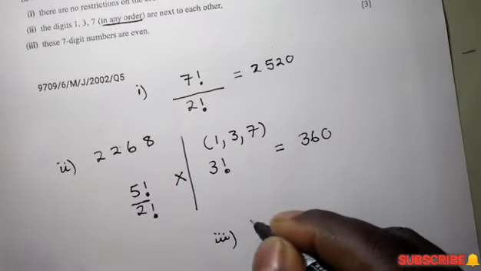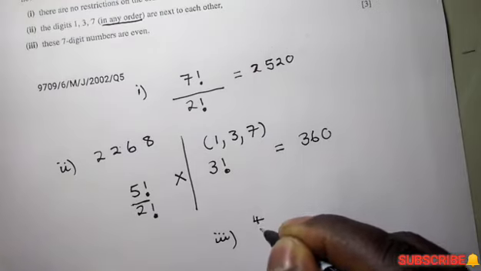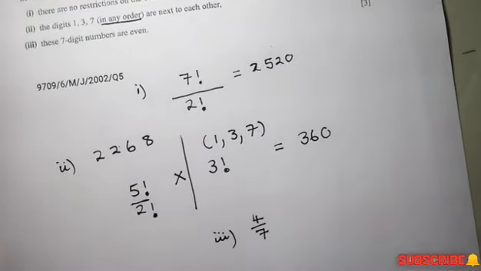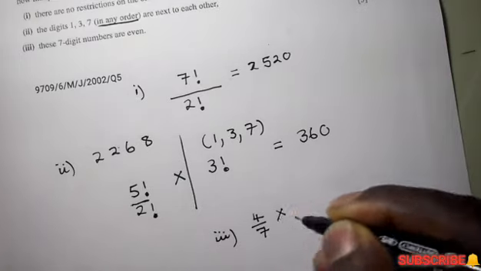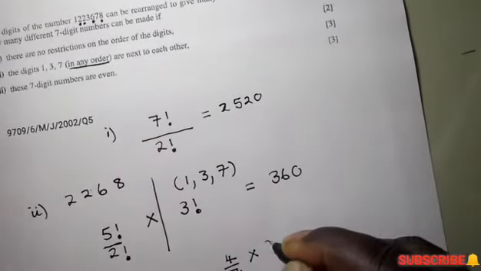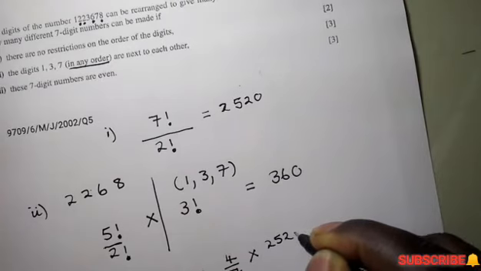So what you need to do is you write 4, then you divide 4 by 7. So 4 over 7 is the proportion of even numbers from the list of 7. Then you have to multiply it with the answer that we got in part A, where 7 digits arrange each other in 2520 ways.